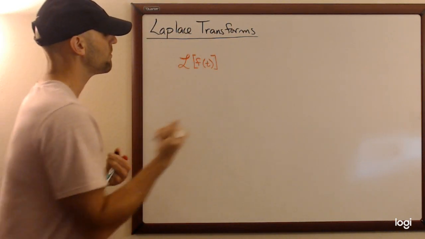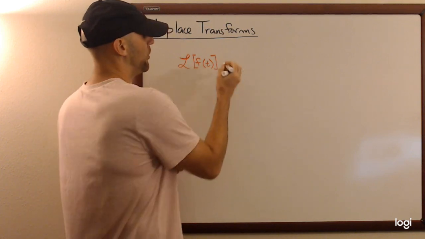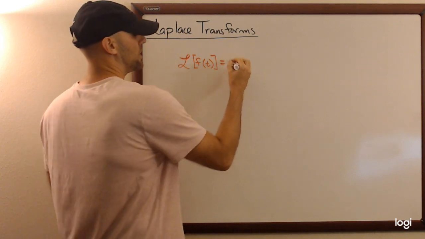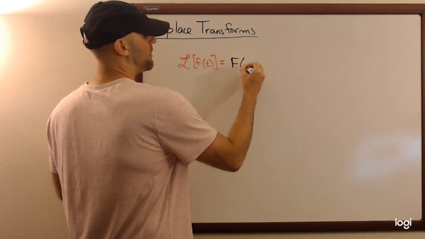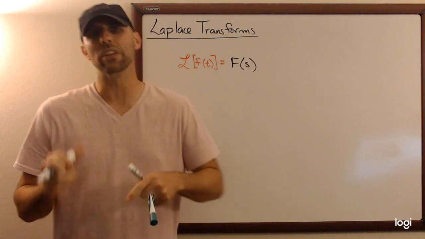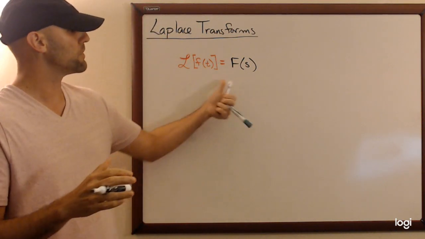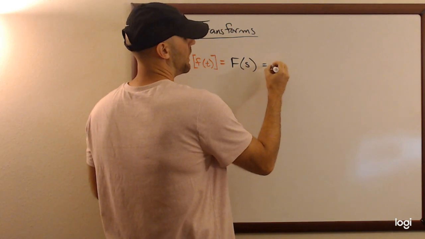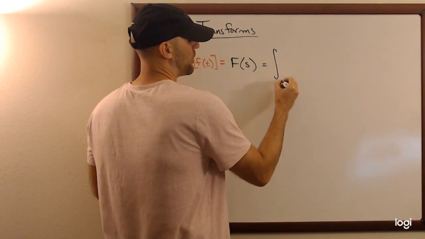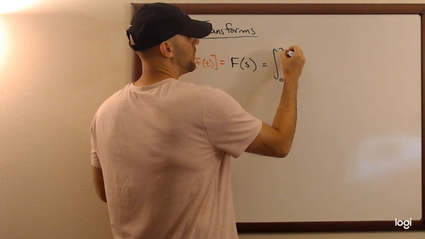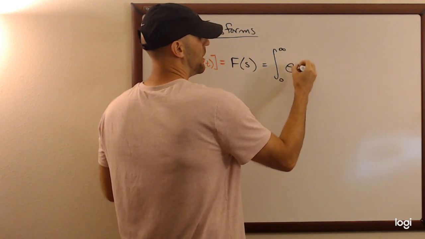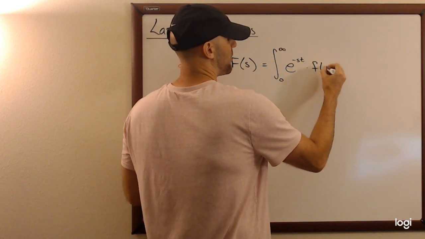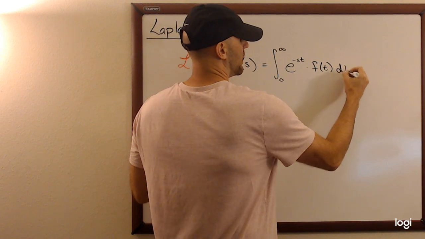This is equal to some function in s. So we're basically turning a function into another function with a different variable. The Laplace transform of f of t is some function in s, and that function is defined by the following: it is the integral from 0 to infinity of e to the negative st times f of t dt.